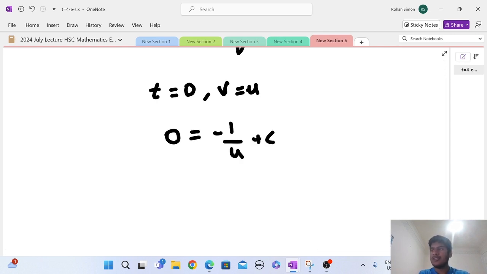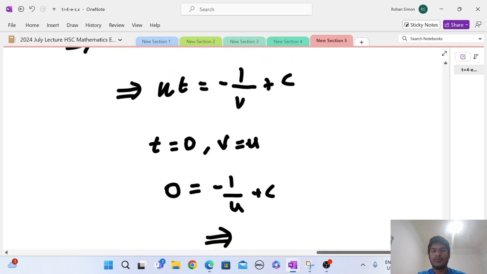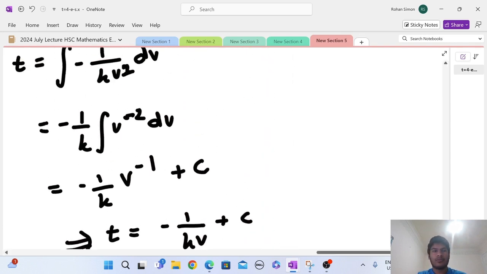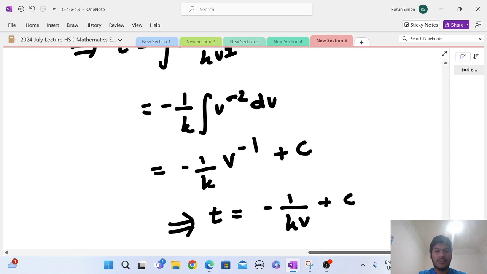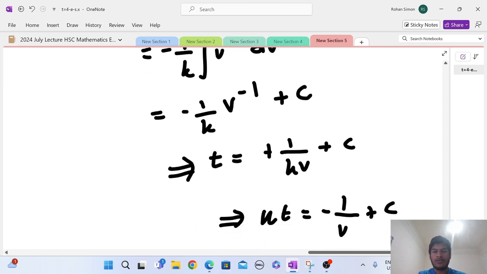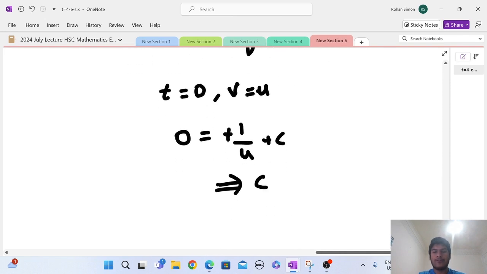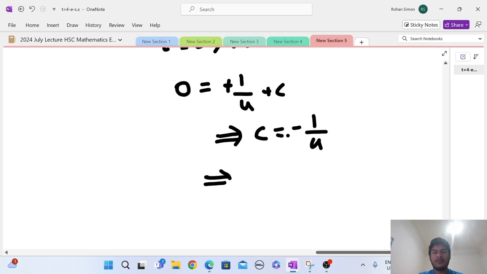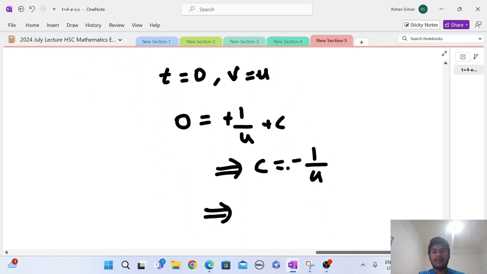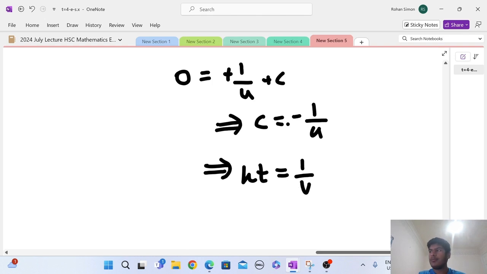So that must mean c equals to... Oh, sorry. This negative here cancels. That should be positive, positive. Yep. Positive 1 on u, so c equals 1 on u. And so our expression becomes kt equals 1 on v plus 1 on u.